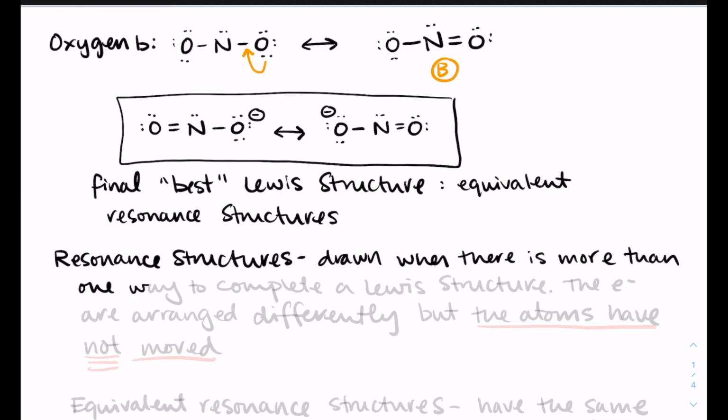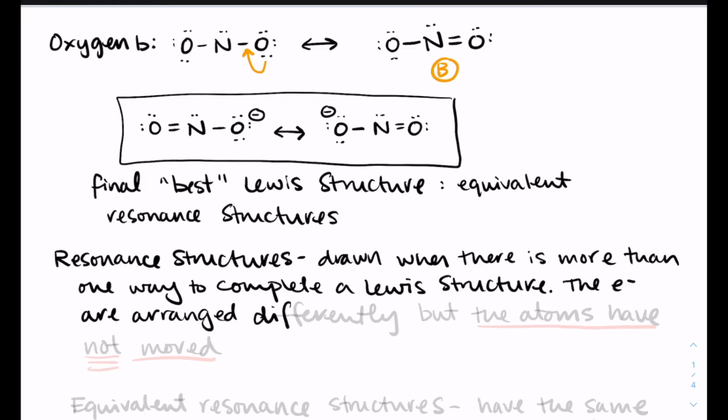And for the negative formal charge, if we compare the electronegativities of nitrogen and oxygen, oxygen is more electronegative, so my negative formal charge is on the more electronegative atom. So they're both the best structure. In this case, we have a final best structure, but we also have an equivalent resonance structure.